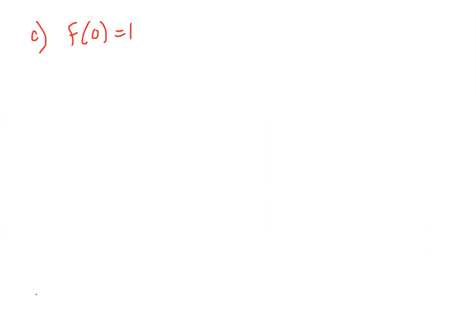Does f have a relative max, min, or neither at x equals 0? Justify your answer. Well, you know maxes and mins. Okay, this is the point 0, 1. You know maxes and mins occur when the derivative equals 0 or is undefined. So let's see what the derivative equals at this point.